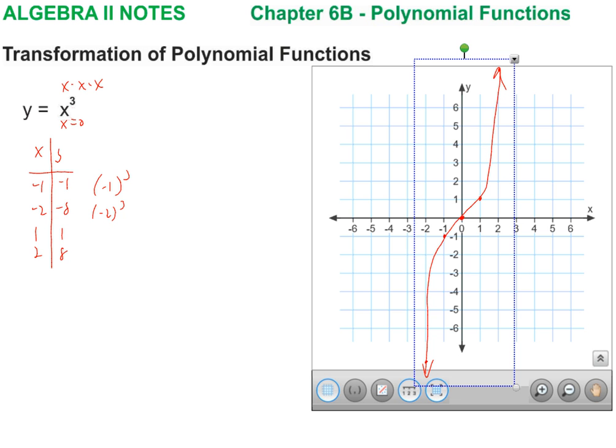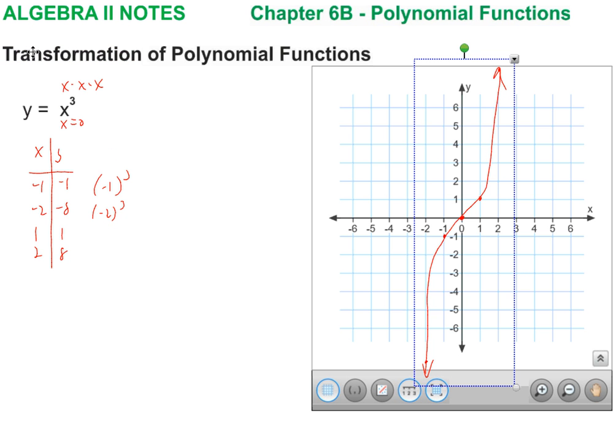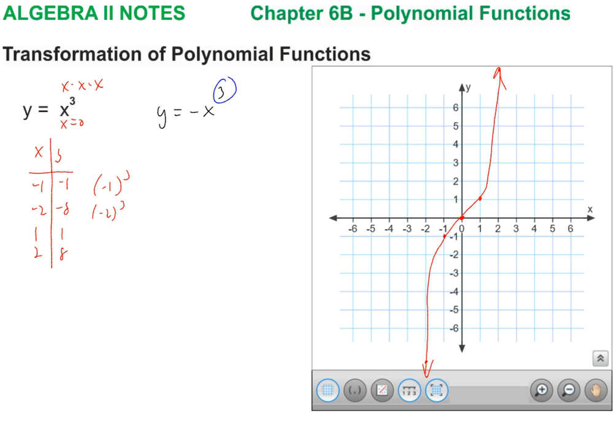Now, let's transform it. We grab it and copy it. Okay, so what happens then if all of a sudden they give you y equals negative x cubed? All right, remember, odd power, it's going to start and finish in opposite directions, but in negative, it's going to end up in the negative direction.